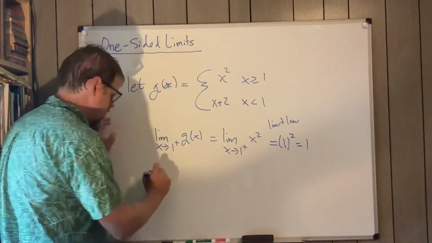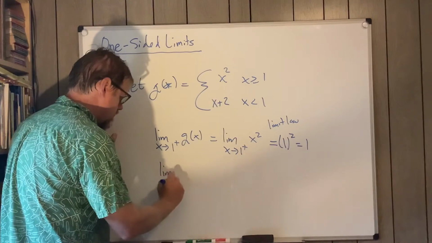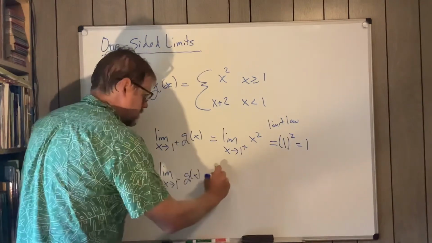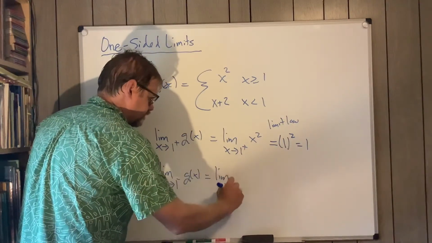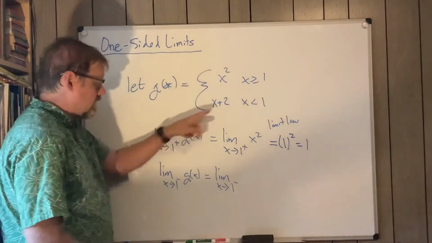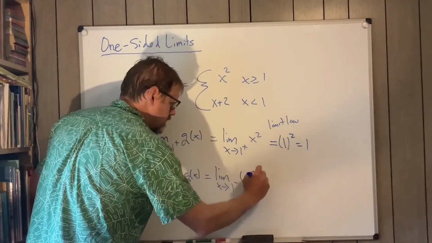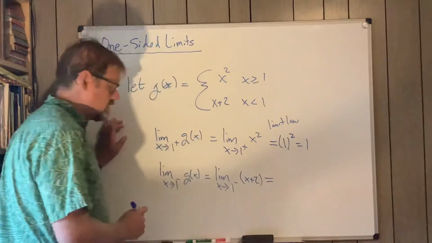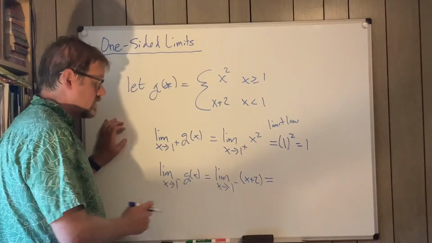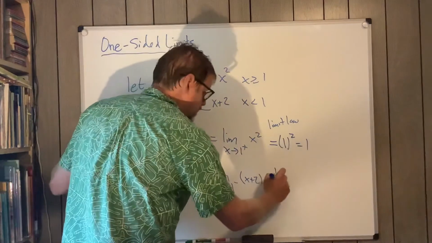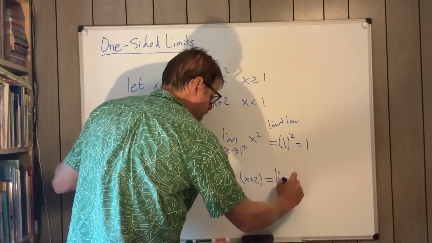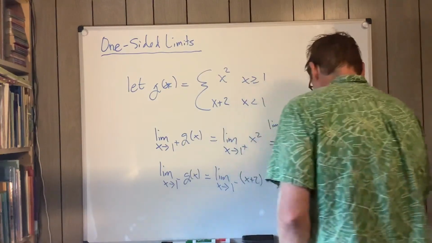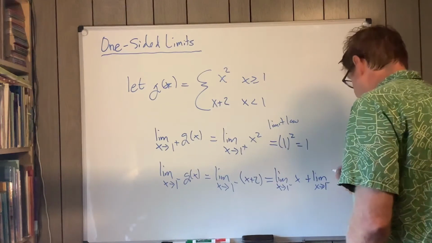Okay. We can do the same thing with the left-hand side, and all I have to do is grab that, and I can do the limit as x goes to 1 negative of x, plus the limit as x goes to 1 negative of 2.